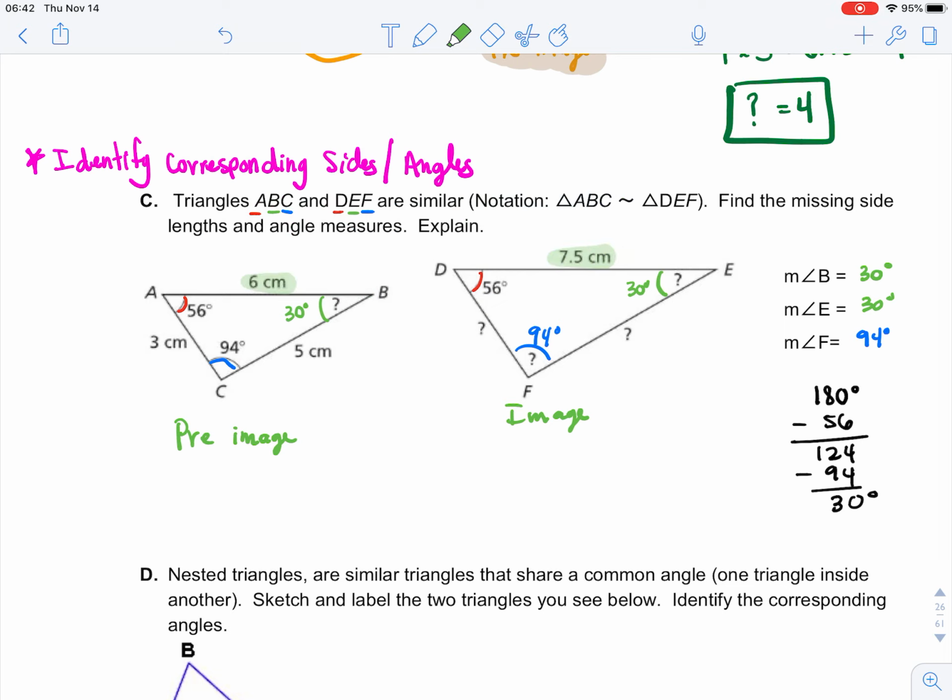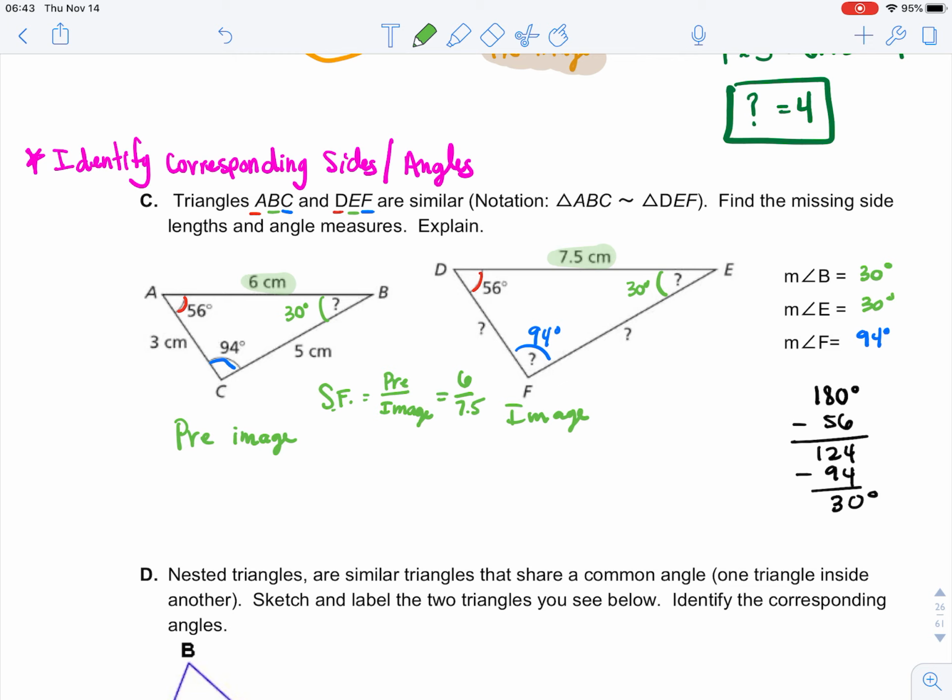I know this one and I know this one. They are corresponding sides, red to green, red to green. Okay, so here's my scale factor. Scale factor is equal to pre-image over image. And our pre-image here has a known value of 6, and this one has an unknown value of 7.5.